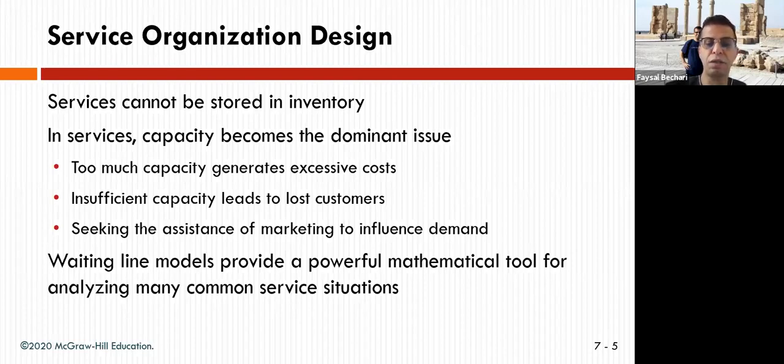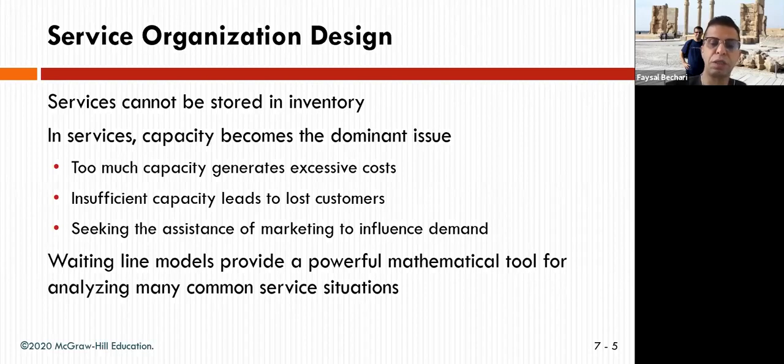On the other hand, insufficient capacity leads to customer loss. If you have one person and 10 customers come in every 5 minutes, you will end up losing customers. Losing customers has other losses too, like word of mouth. They say they don't provide good services, all these things, so people would not come in, and you lose more business.